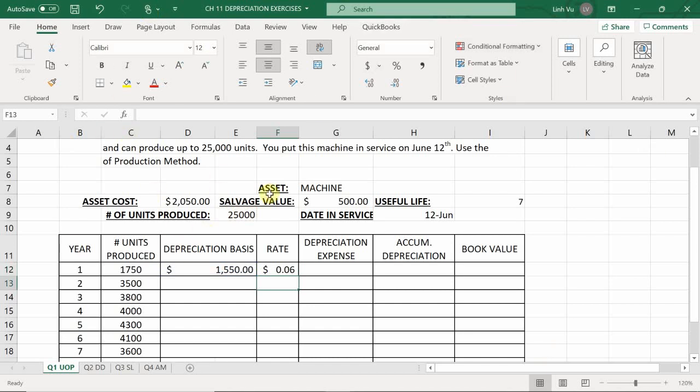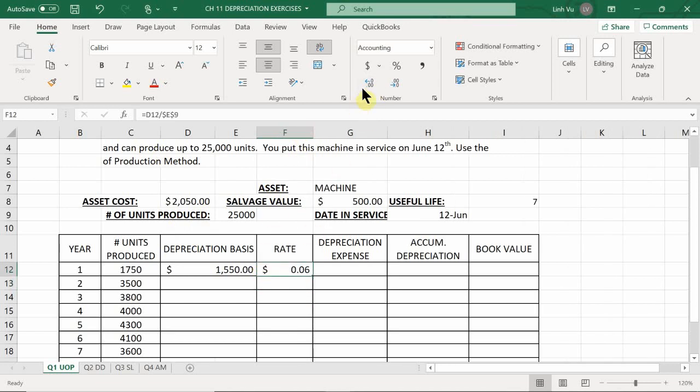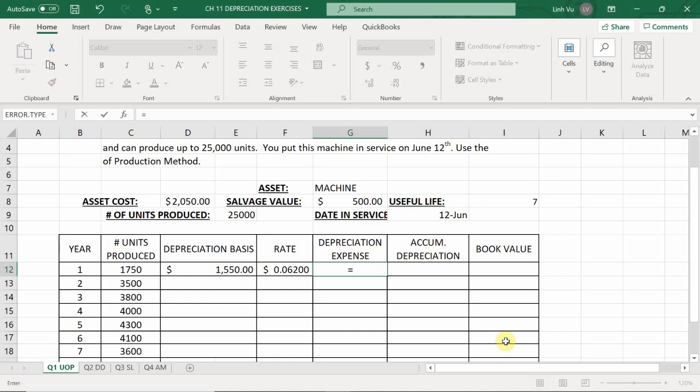Now, of course, if I expand this table and expand my numbers, it's actually going to be 6.2 cents. This is where I'm going to use my equal round so that I get good numbers, because my depreciation expense is going to be my rate times the number of units I produced that year. In this case, I produced a total of 1,750 that year.